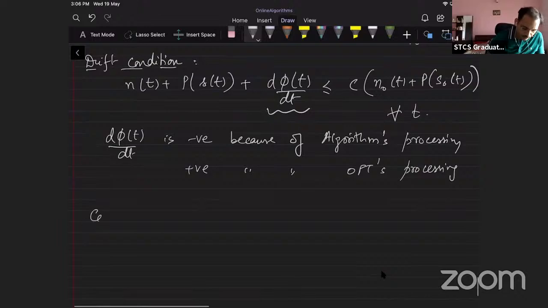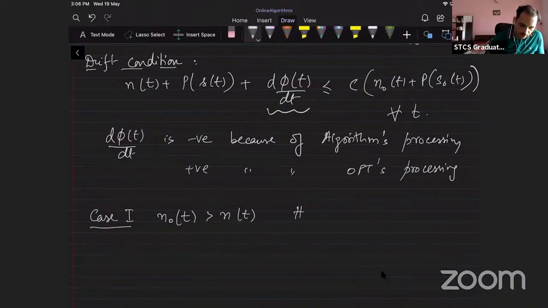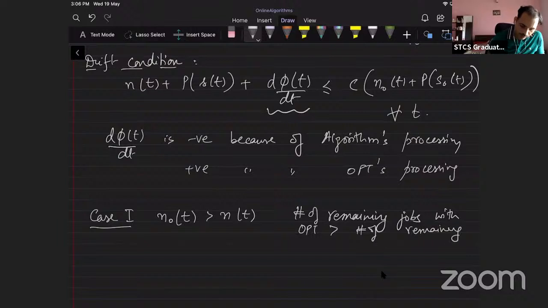So case 1, where n0 of t is greater than n of t. That is, the number of remaining jobs with OPT is strictly larger than the number of remaining jobs.